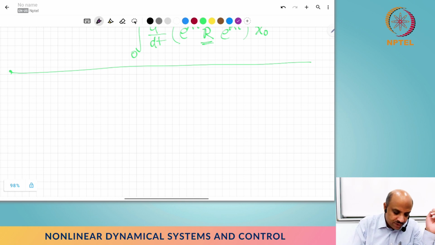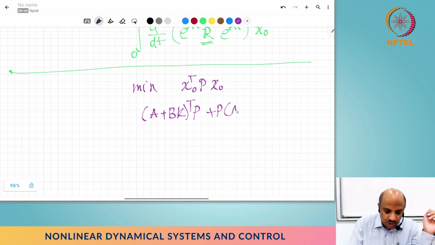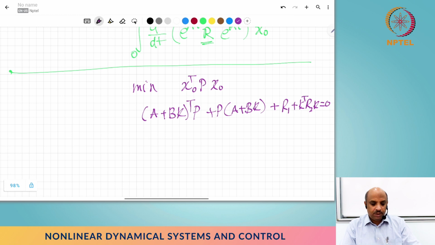So what we have is minimization of X transpose P X0 subject to (A plus BK) transpose P plus P times (A plus BK) plus R1 plus K transpose R2 K is 0, right?